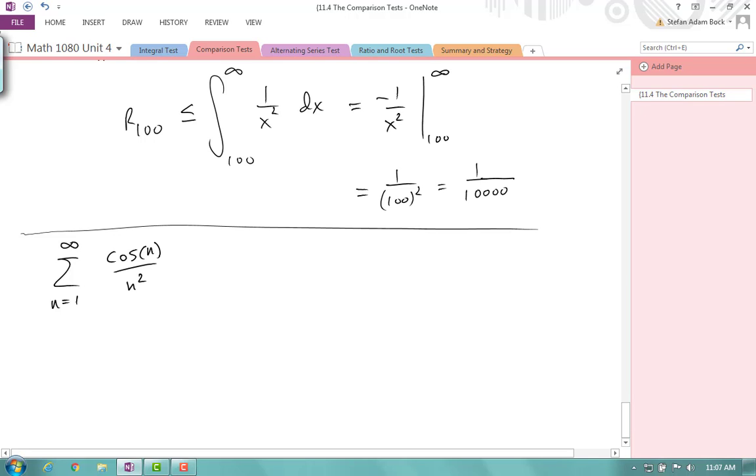So if I were to try the limit comparison, I would limit compare with 1 over n squared. I would not get a limit. I would get something which diverges. If I try to do a direct comparison, that wouldn't work, because not every term of this series is positive.